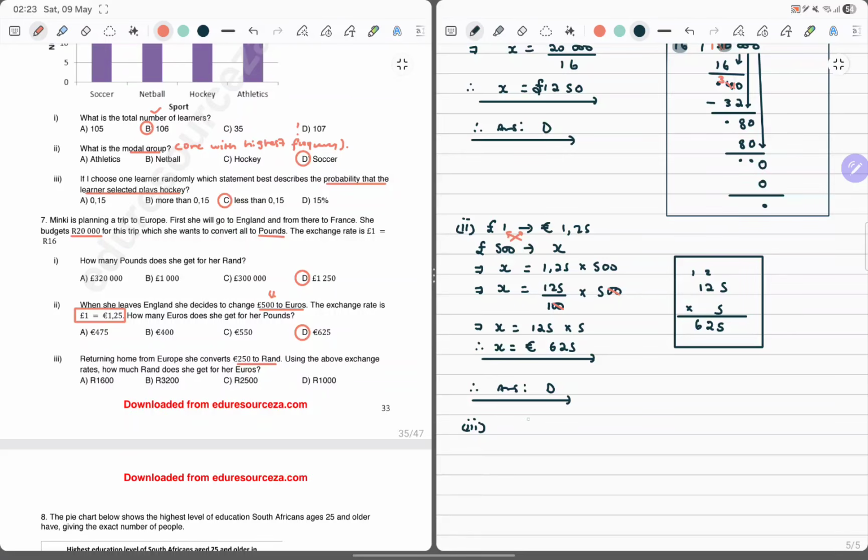So folks, we know that technically 1 pound was equal to 1,25 euros, and 1 pound was also equal to 16 rands. So this already tells us that we just need the 2, not the 3.